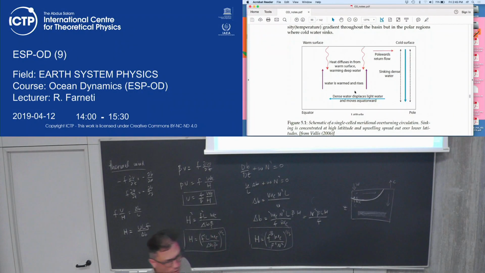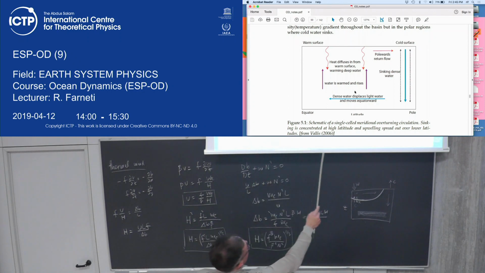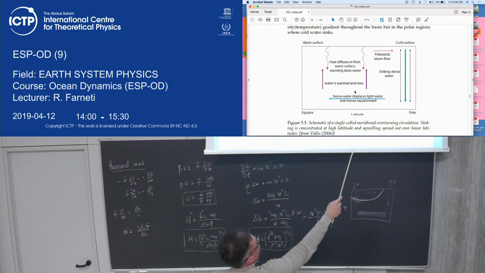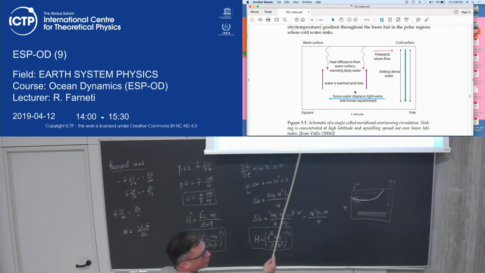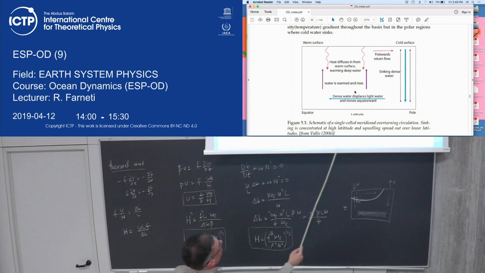So this is a much nicer schematic of what I'm talking about. You have water going towards the higher latitude, becomes cold, and sinks to the bottom. And this is very well homogenized. Then the dense water displaces light water and moves towards the equator through hydrostasis.